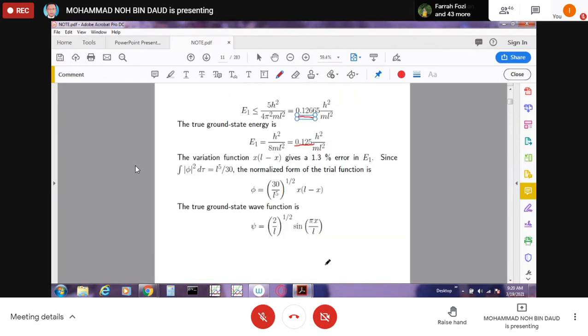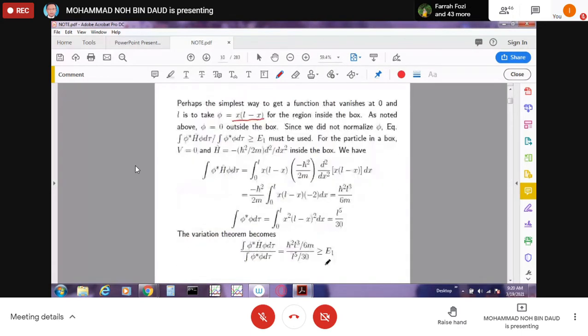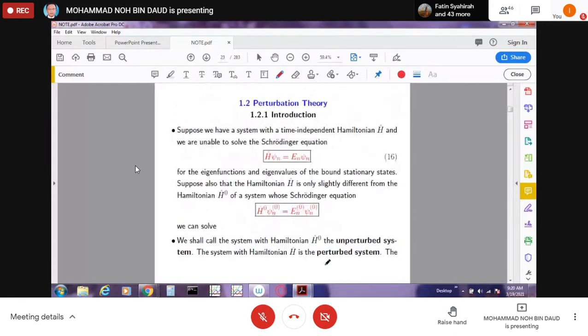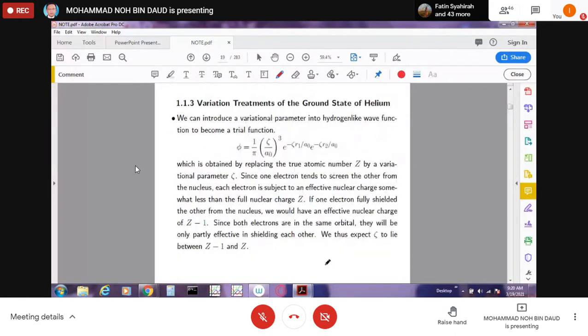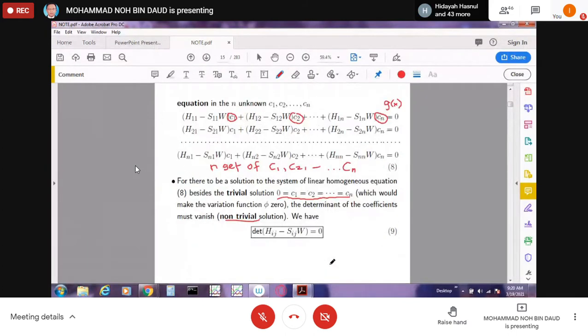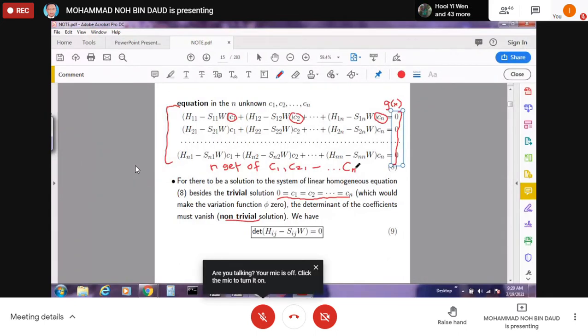I'm using this formula, for n simultaneous equations. For two basis functions, we can get these two simultaneous equations.